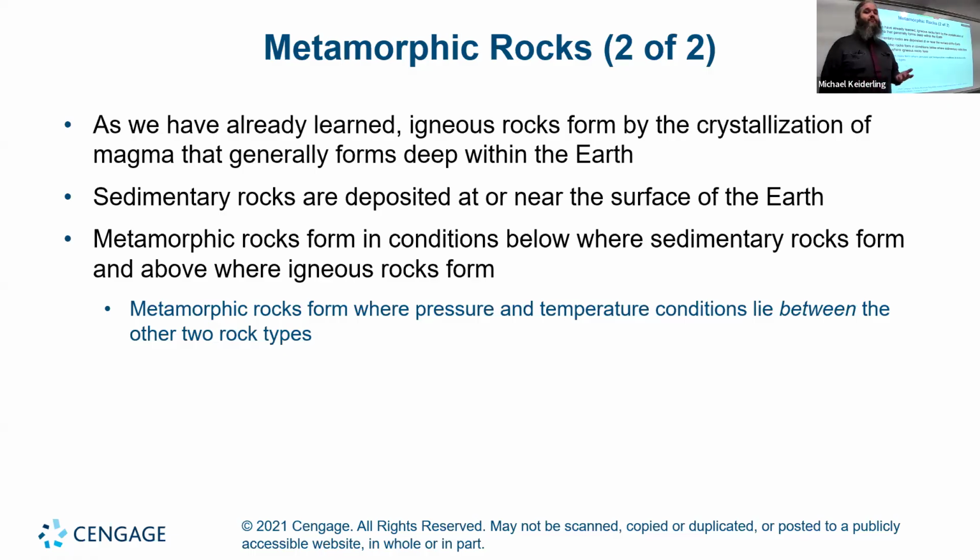And metamorphic rock forms when pressure and temperature conditions that are different from where the rock originally formed cause the rock to transform to a new rock type, because if it was in its original pressure and temperature conditions, it wouldn't really change. The pressure and temperature conditions lie between the other two rock types.